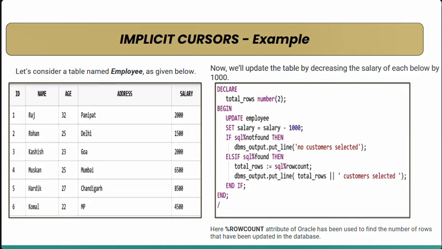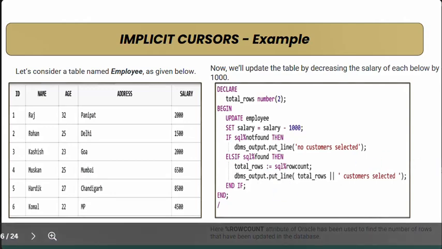Now we are creating an implicit cursor which will update the salary of all the employees by decreasing the salary by 1000 rupees. So we will update the table by decreasing the salary of each employee by 1000.